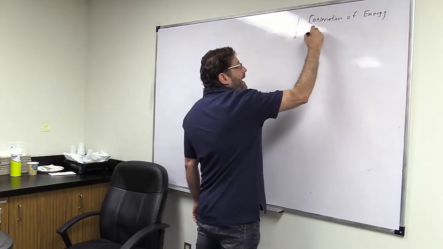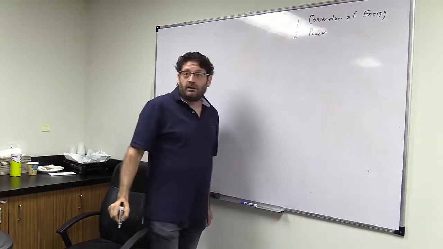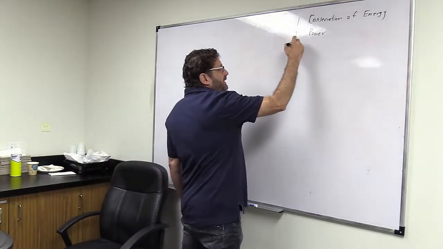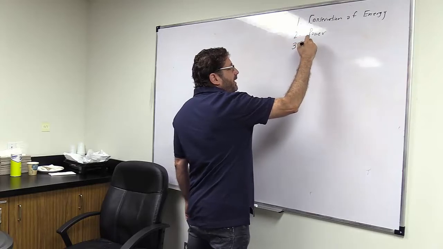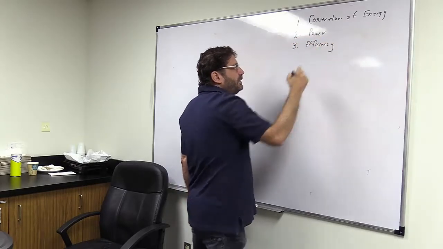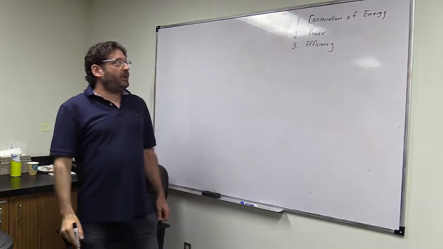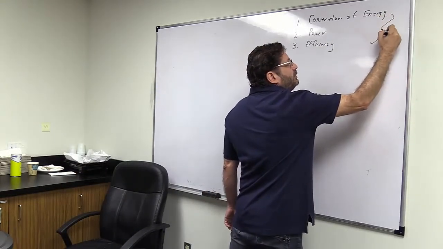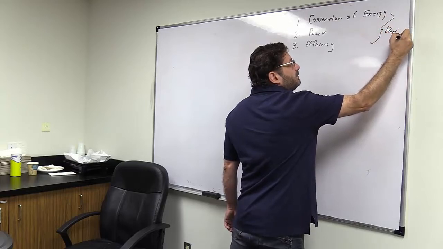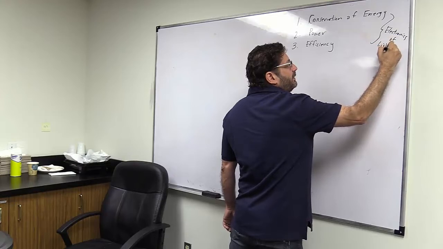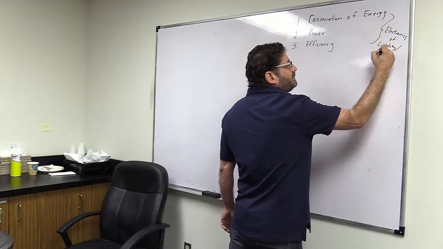We're also going to talk about power: what is power, and how does that relate to conservation of energy. And we're going to talk about efficiency, and how these three things relate to electronics, and more specifically lighting and power supplies.